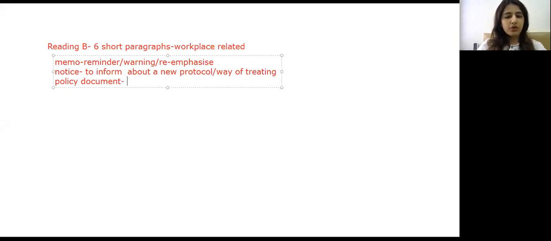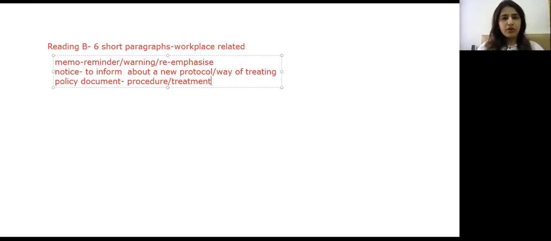Yes, it would be related to a particular procedure. For example, how to administer IV insulin, or it could be related to a particular treatment or investigations or safety protocols, or it could be related to infection control.